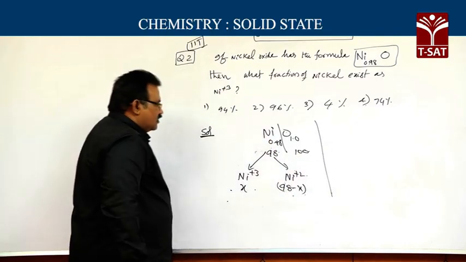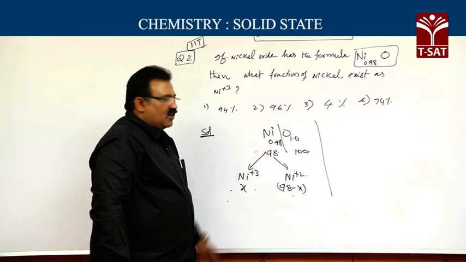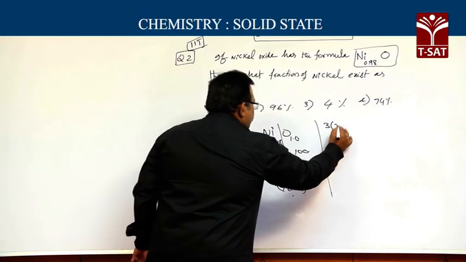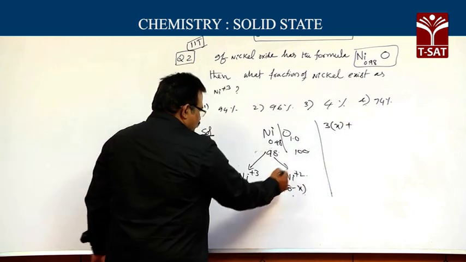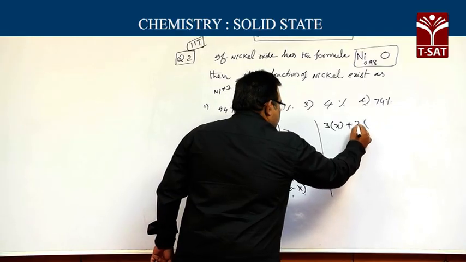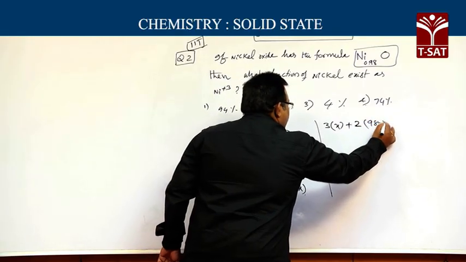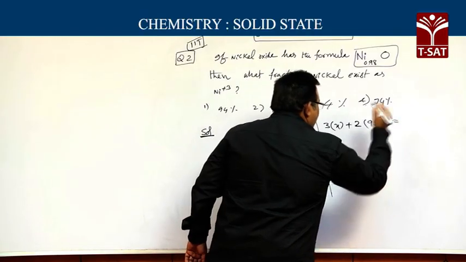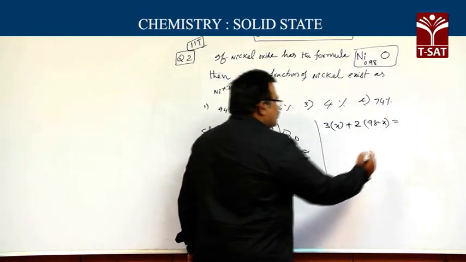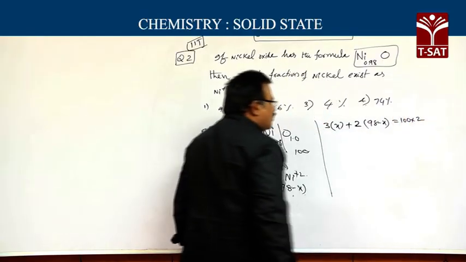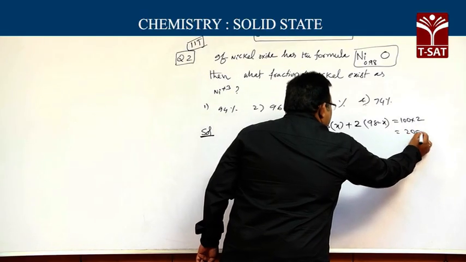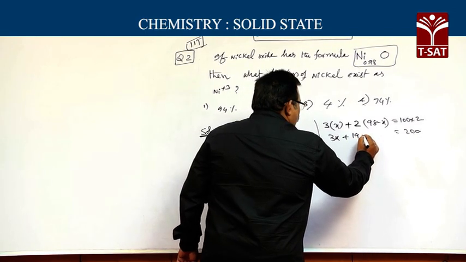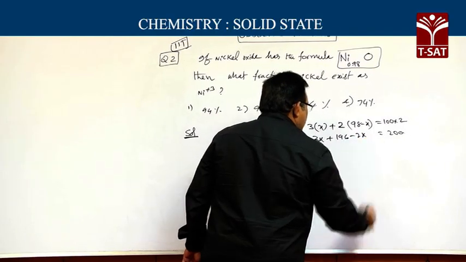Now, if we equalize the charge present on total nickel ions and total oxygen ions: 3 charge Ni+3 ions are X number, plus dipositive ions are 98 minus X. This is the total positive charge on the cations, and that will be equalized to 100 into the negative charge on the oxygen, which becomes 200. 3X plus 196 minus 2X is equal to 200.